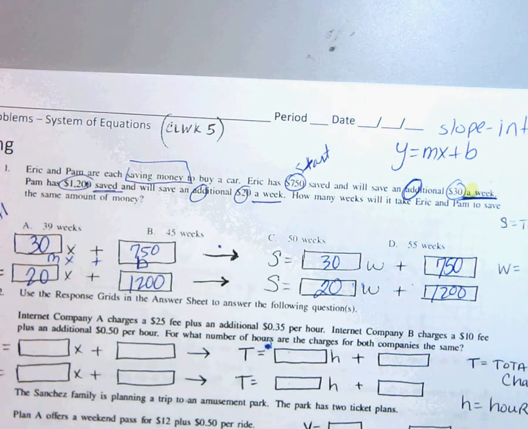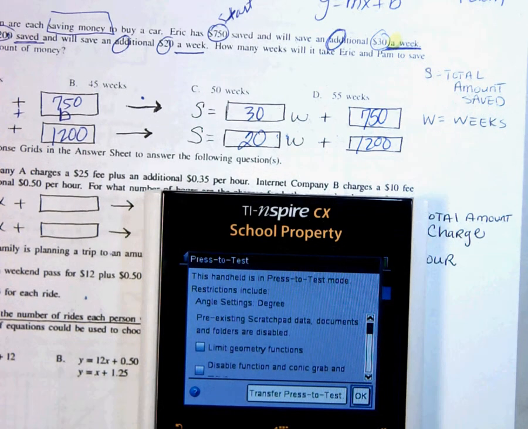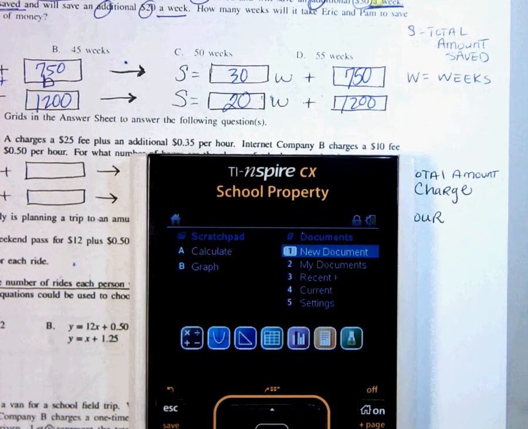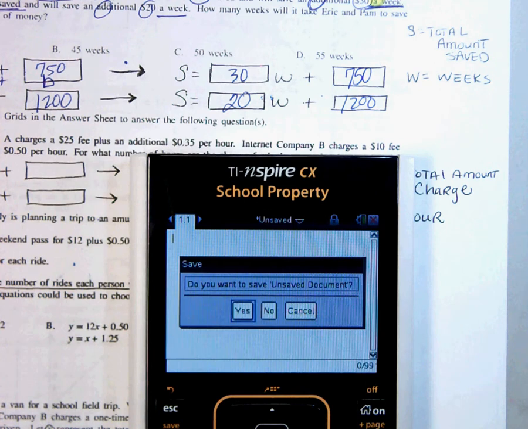We will learn how to solve this by hand in class next week, but for now we are using our Inspire in class. So if you're given the screen, we know to press escape. And now we're going to go to new document, which is number 1, and we do not want to save.